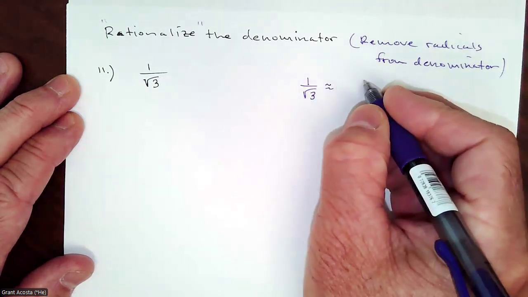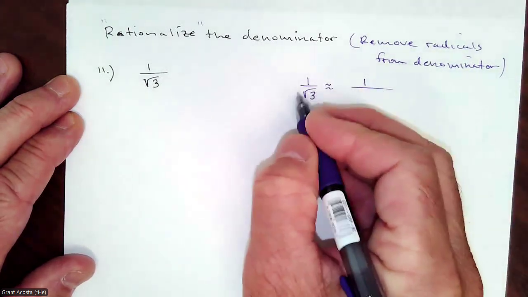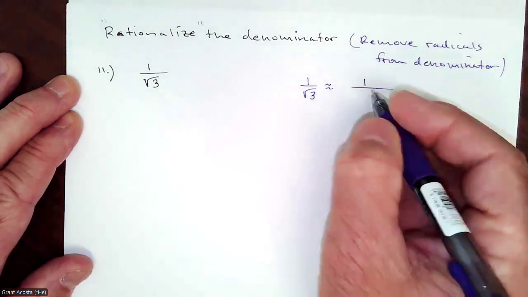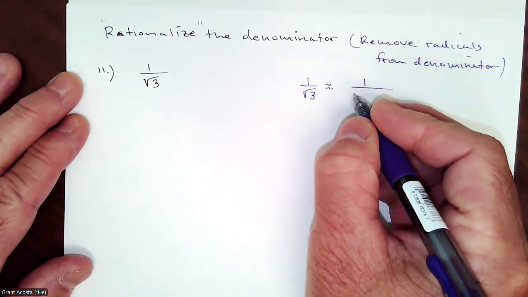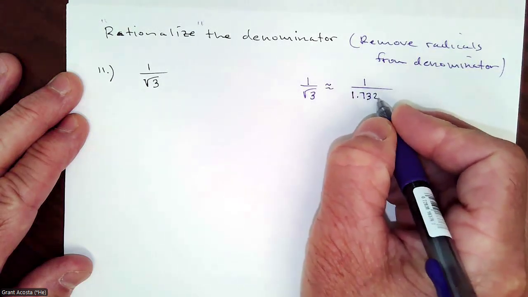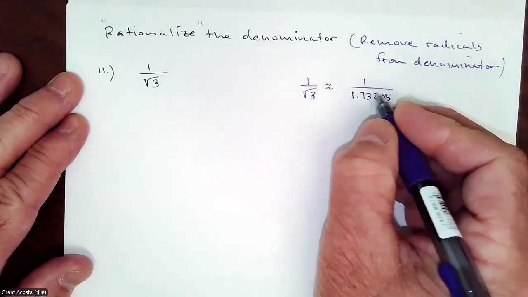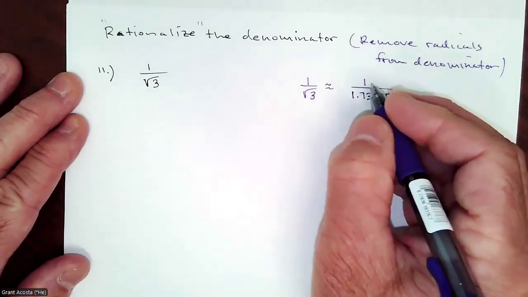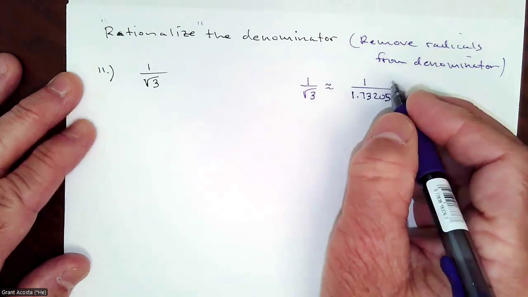Well, they did have people who worked out square roots and they had tables of them so they could look them up even before calculators. And root 3 is about 1.73205.